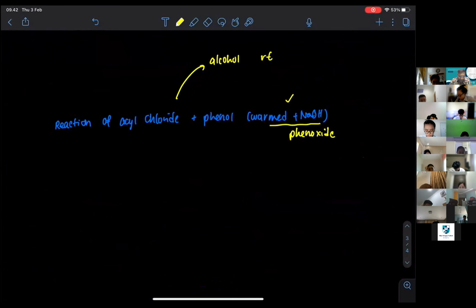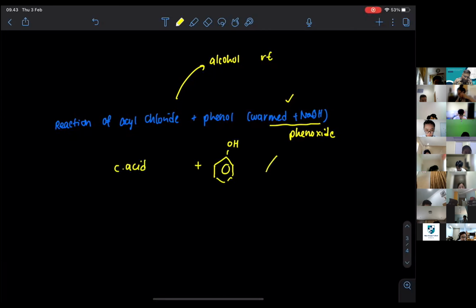If you have phenol, don't react phenol with carboxylic acid, because carboxylic acid and phenol don't react. This is very important. They don't react because phenol is unreactive and carboxylic acid is unreactive.